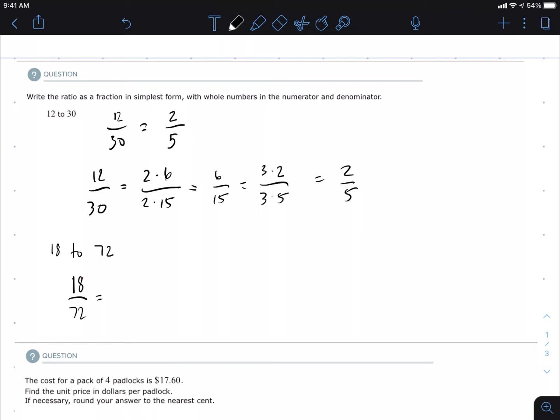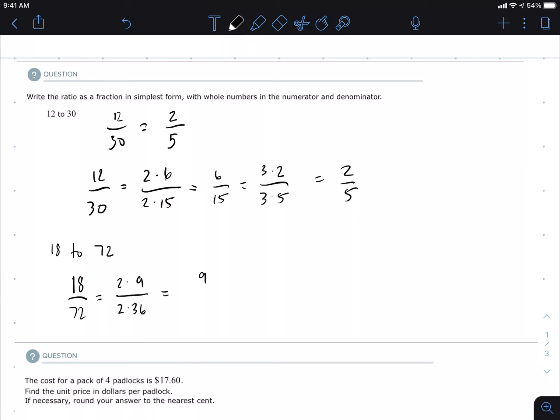One-fourth? Okay, let's see what that is. Whenever I'm uncomfortable with numbers, when they're large numbers, typically what I end up doing is working with smaller numbers. So the smallest number that I know goes into both is 2. So I'm going to go 2 times 9 and 2 times 36. Right?